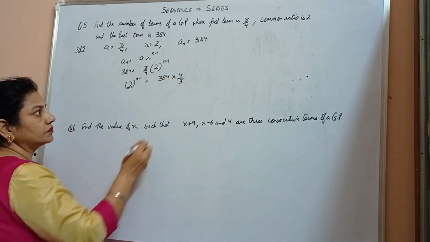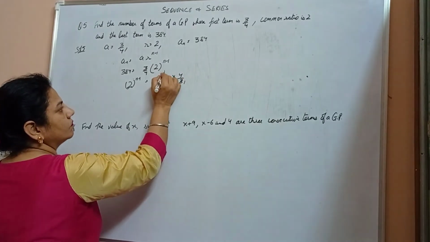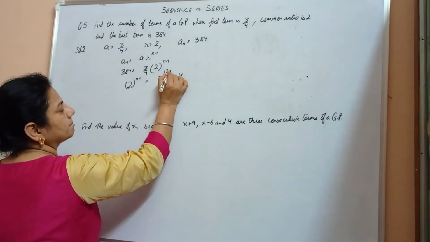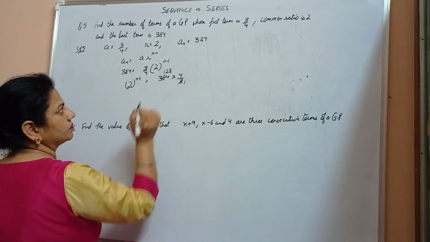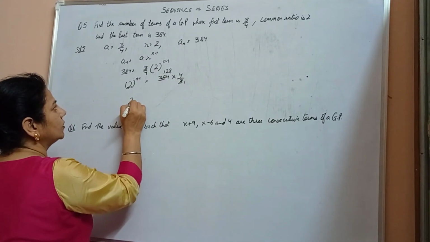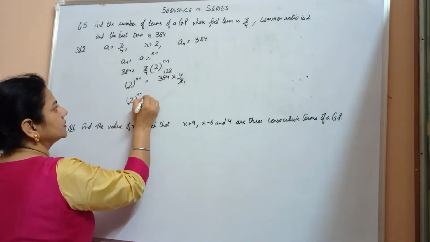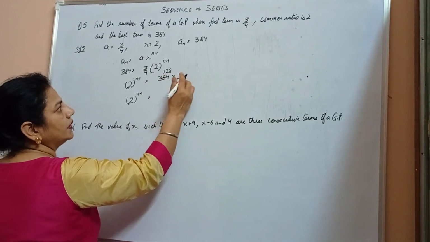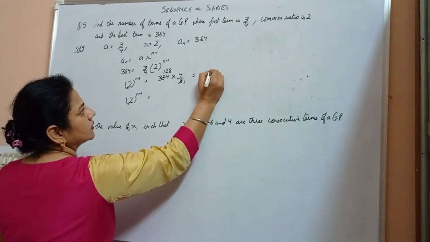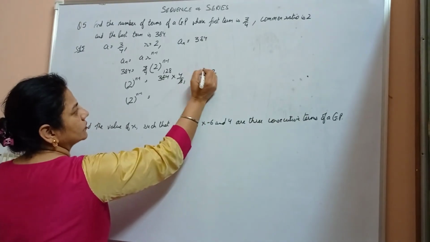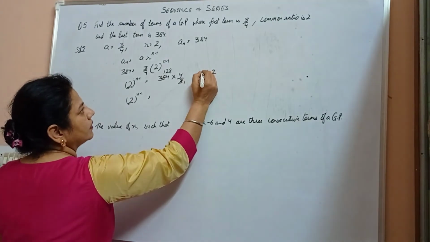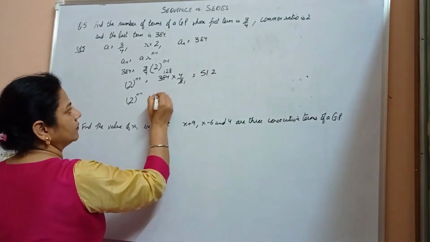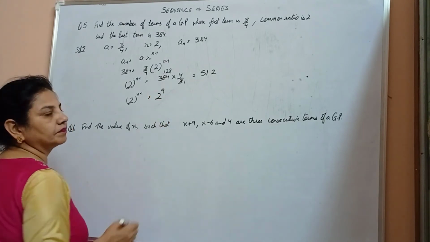So we have 2 to the power n minus 1. Cross multiply: 384 into 4 by 3. So we have 2 to the power n minus 1 is equal to 512, which is equal to 2 to the power 9.